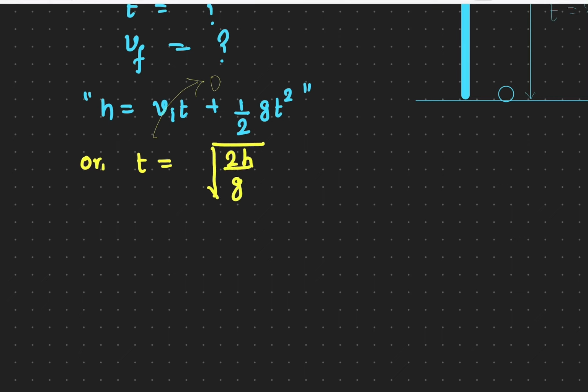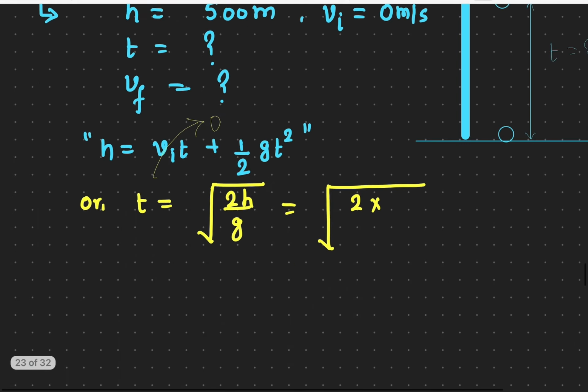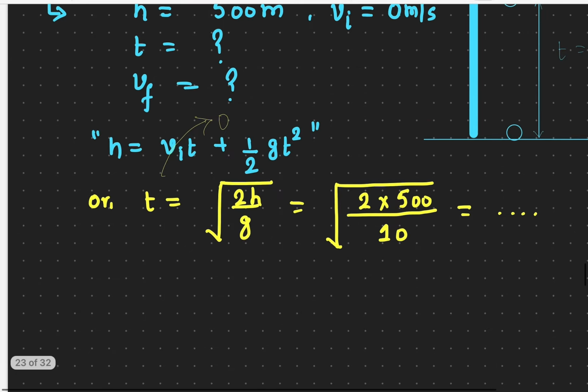And I know all my information here. So 2, height is 500, g value is 10. And now you can solve it. Okay, that will give you the time.